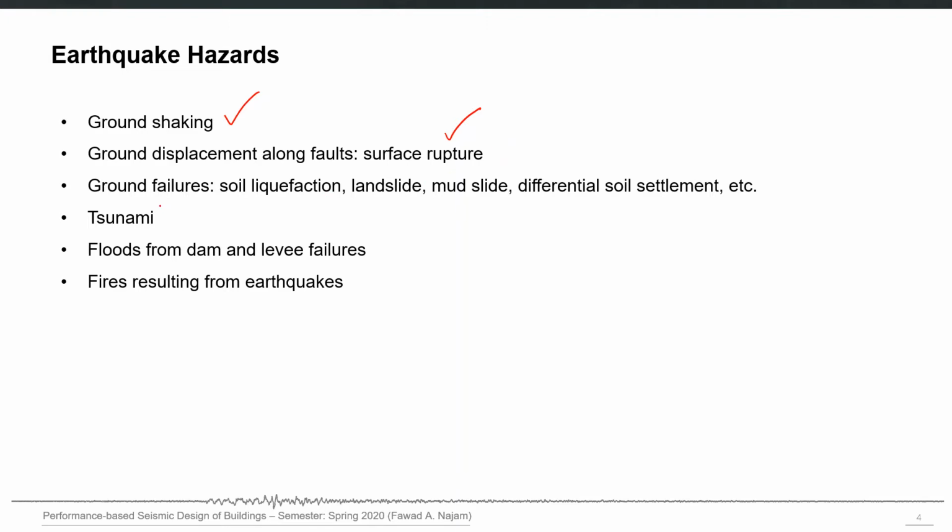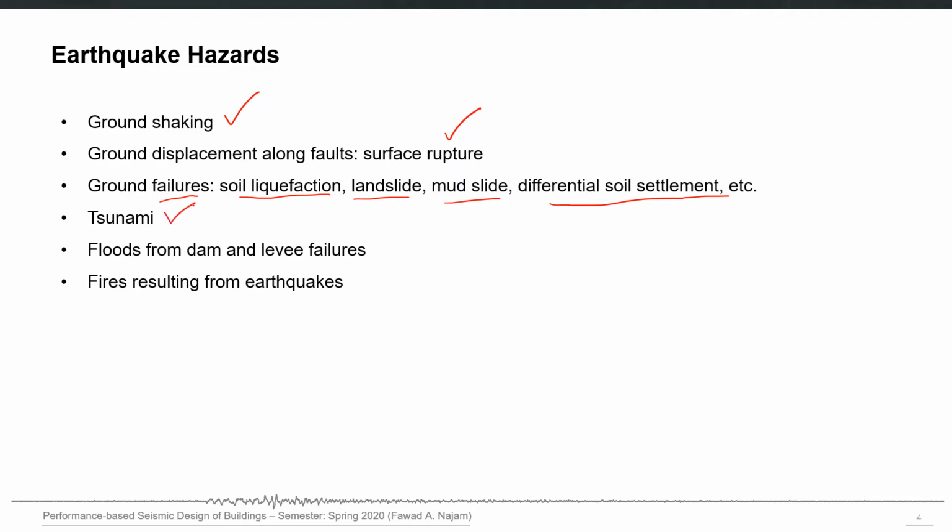Another ground hazard is ground failure, soil liquefaction, earthquake triggered landslides, mudslides, or differential soil settlement. All of these are earthquake hazards, originally triggered by ground shaking, which is caused by earthquakes.